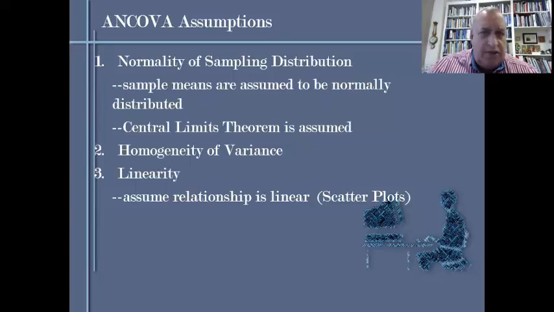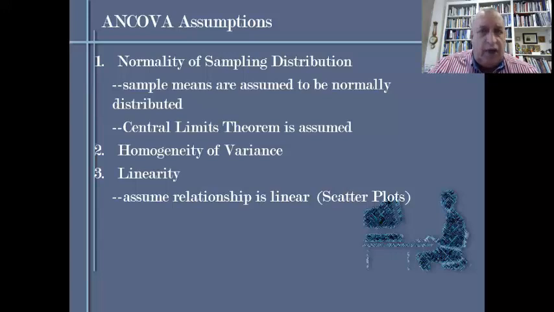Now, some assumptions. We have normality of sampling distribution. The sample means are assumed to be normal, and the central limit theorem is assumed. That is primarily that they've been selected randomly. We have homogeneity of variance. And then we have linearity.